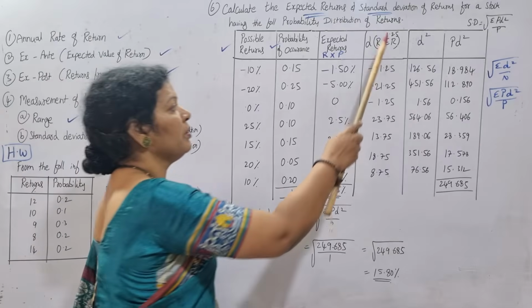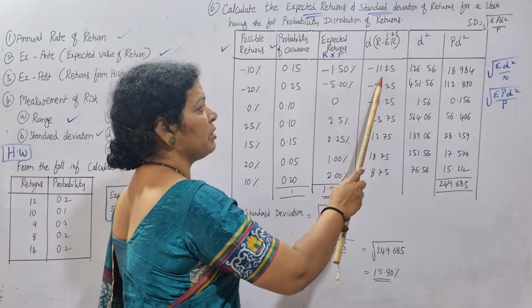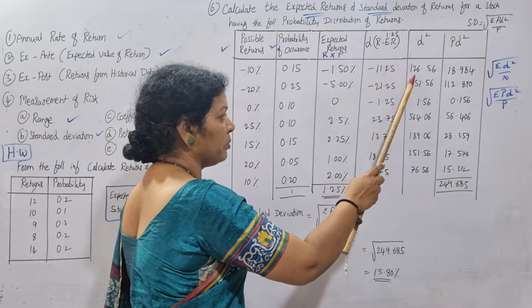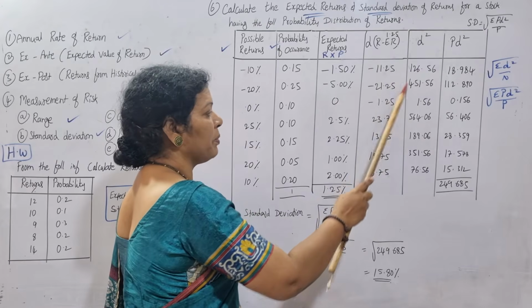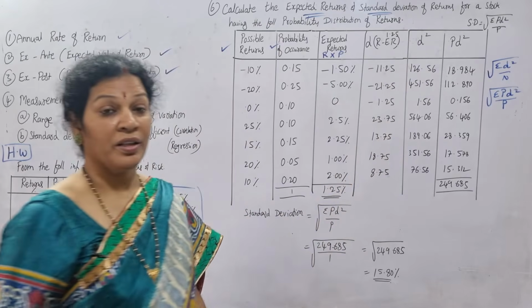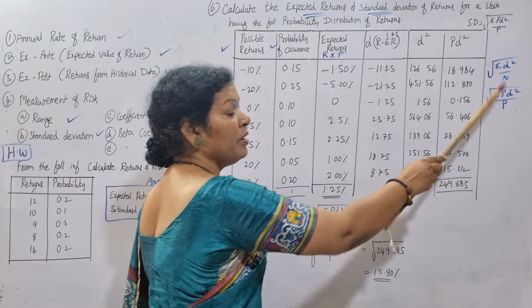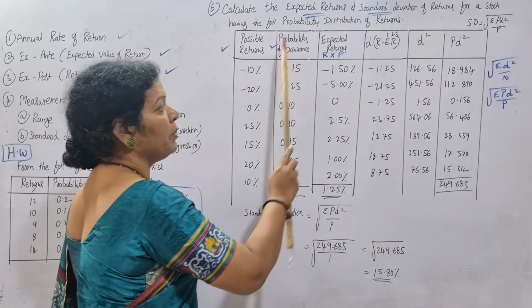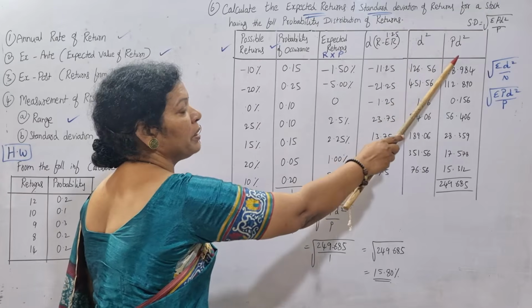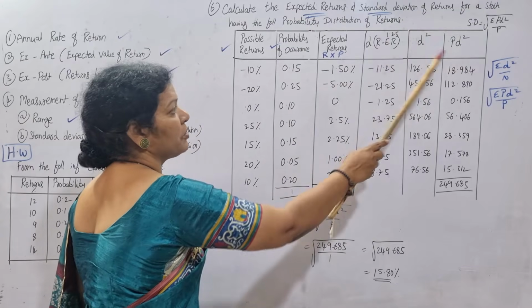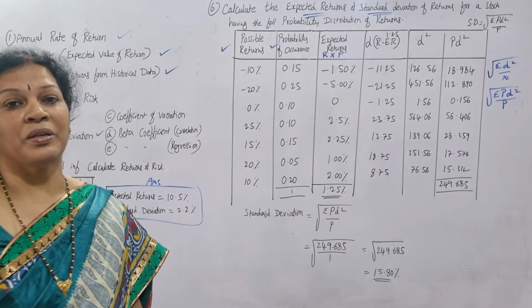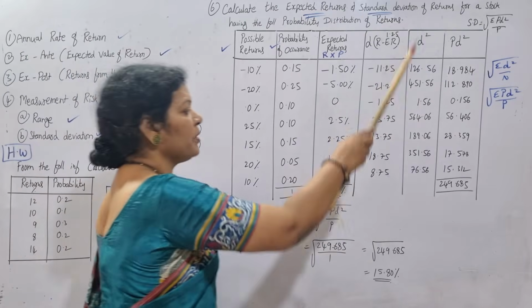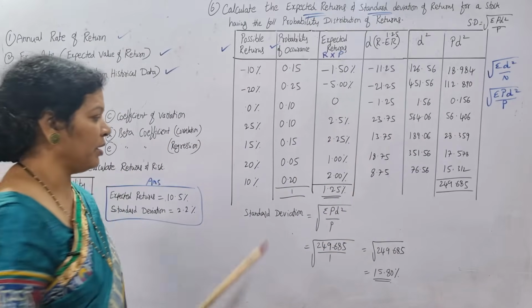D square will go, minus 11.25 into minus 11.25, like this you have multiplied and then you got D square. Then what do we need as per the formula? Sigma P into D square. P is probability, probability into D square, together multiply this and this, you'll get PD square. Once you get PD square, then apply in the formula.